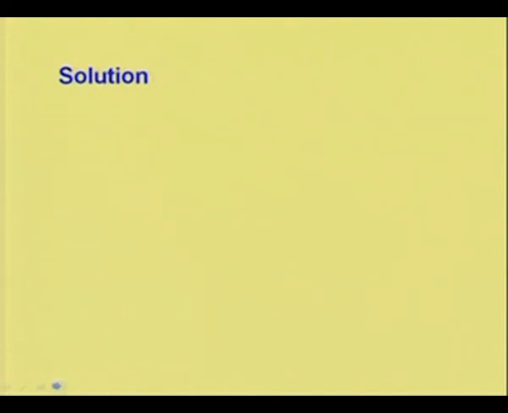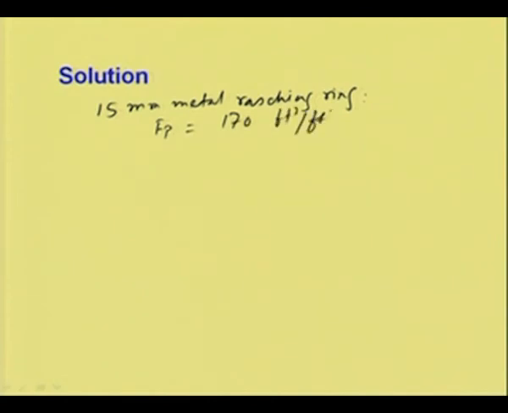Now, for the 15 millimeter metal Raschig ring, Fp is given, which is 170 feet square per feet cube, and mu L is 0.845 into 10 to the power minus 3 Pascal second.